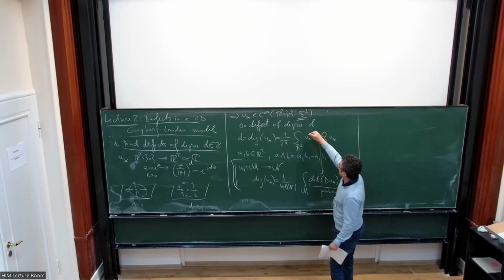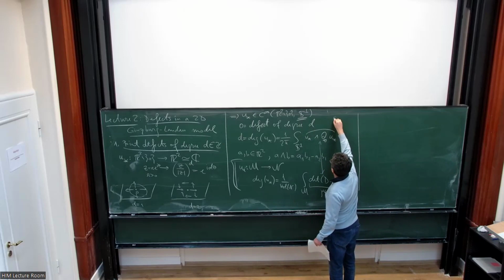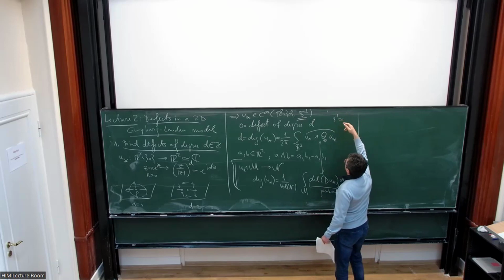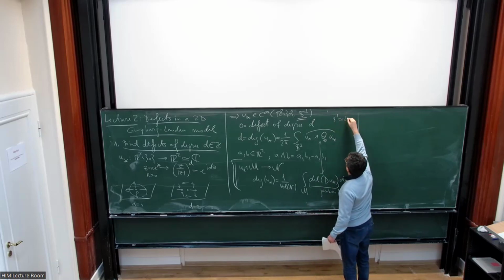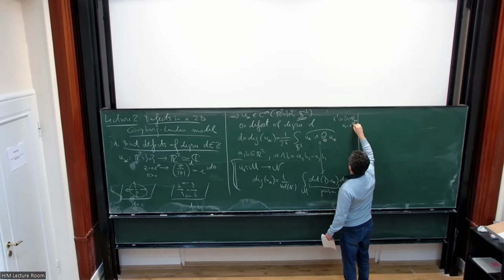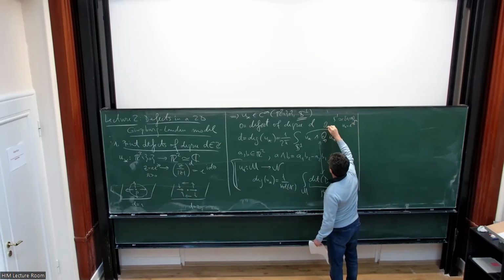Yes. If you see S1 as 0 to pi periodic, and then u star locally, because that will have a jump, like e to the i phi star, this is nothing but d theta phi star.